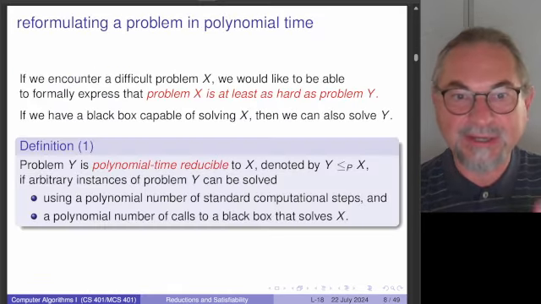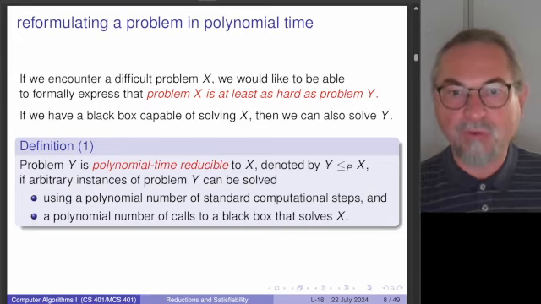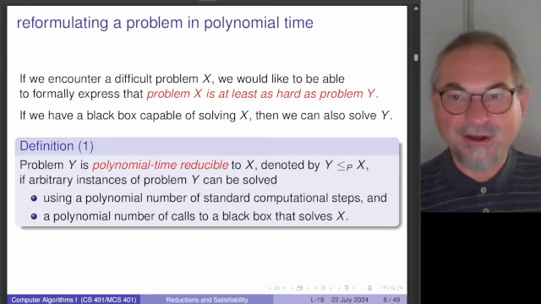So if we can reformulate the input to problem X into problem Y, then if we can solve Y efficiently, then we can also solve X efficiently. And it doesn't really matter anymore how we solve Y.